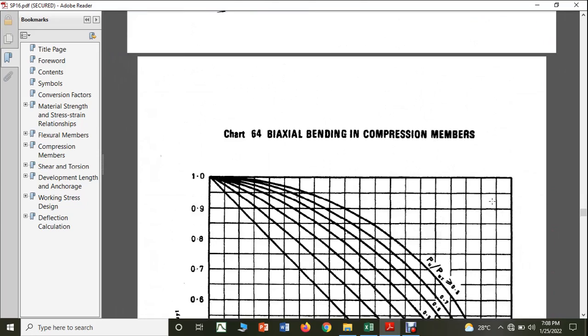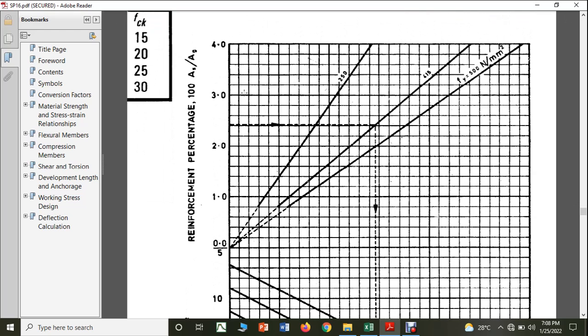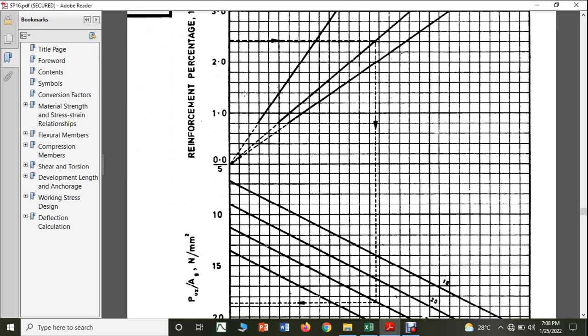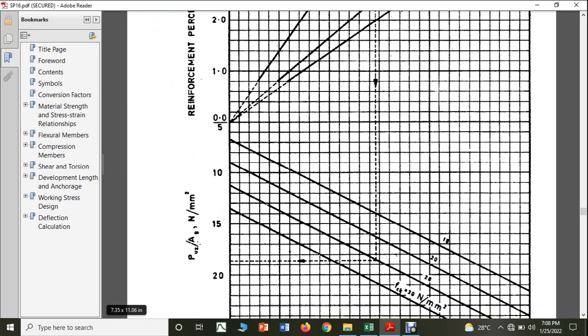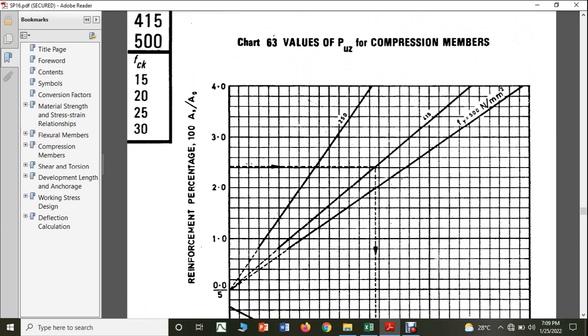When I go to chart 63, you can see here that your Puz by Ag value is 14.2, right? You may have the doubt how I got this Puz by Ag value as 14.2.